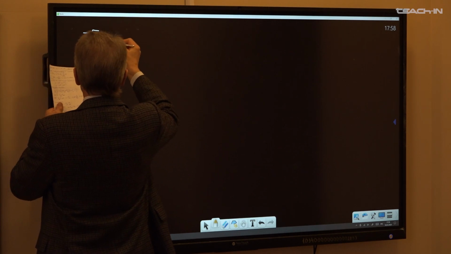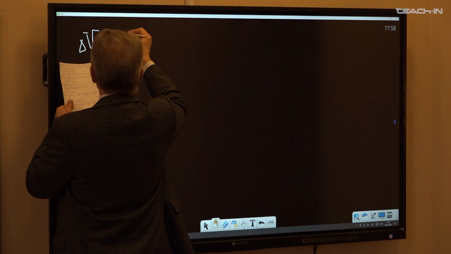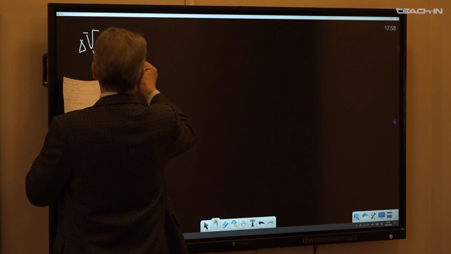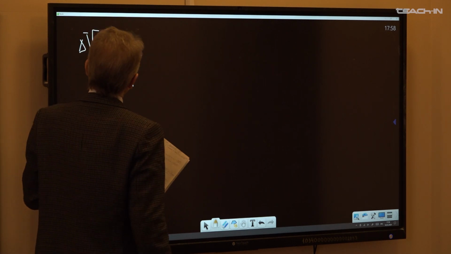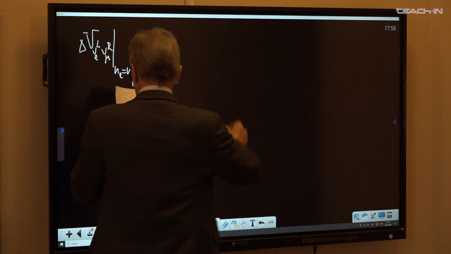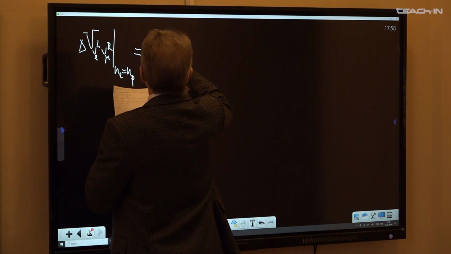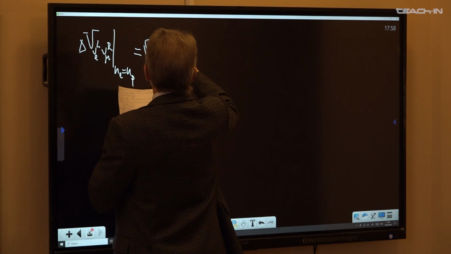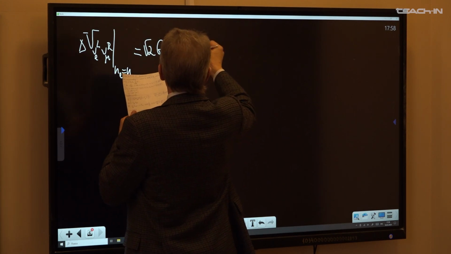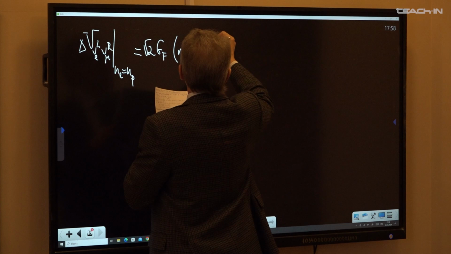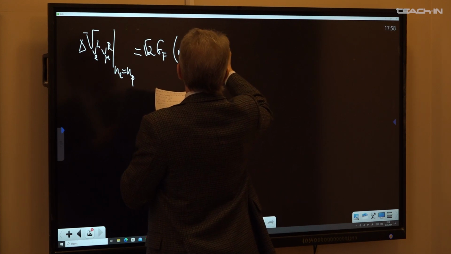In the case when matter is electrically neutral, it is equal to square root of 2 Fermi constant, N_e minus the number of neutrons divided by 2.